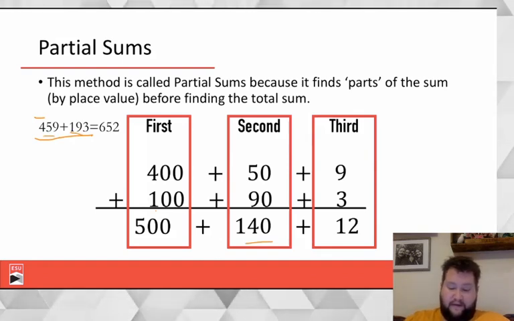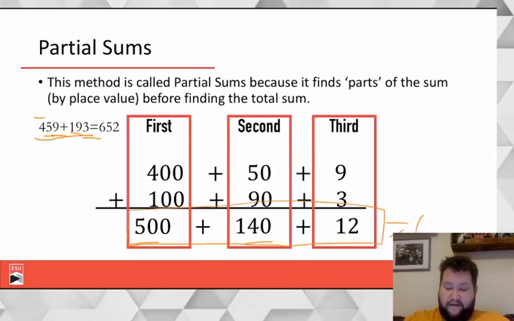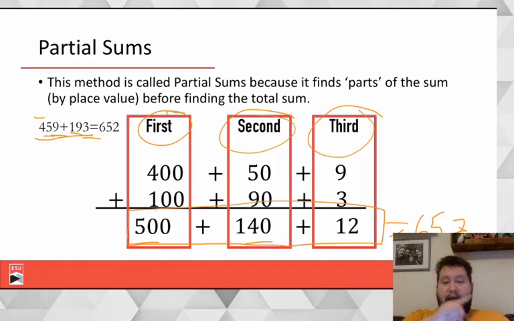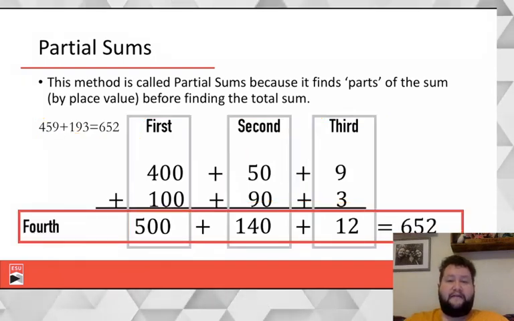And 9 and 3 is 12. And so to add those up, we get 500, 640, 652. So that's 652. So we add first by the hundreds, then the tens, then the ones, and then we add across last to get our actual sum.